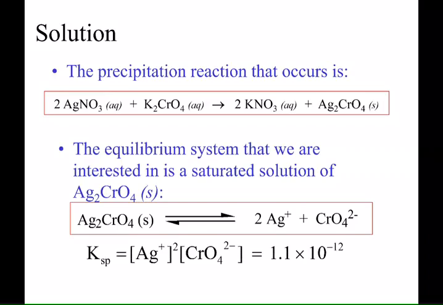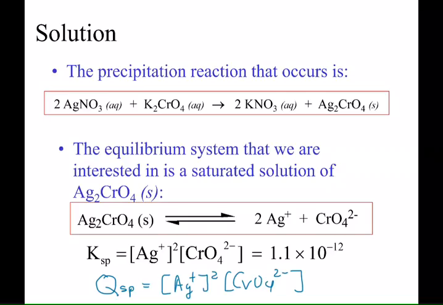Sometimes in chemistry problems you doodle things that you may or may not use, and I don't think you can go wrong doodling this. I'm going to write one more thing underneath it: the QSP expression, which looks like the KSP expression, except it's a snapshot. It's just an evaluation tool. So we're going to do like we've been doing before to talk about solubility: take a snapshot, get a QSP, and compare it to our KSP.